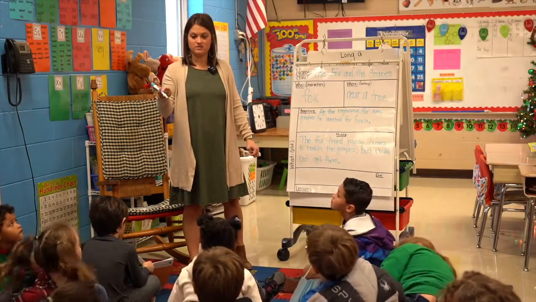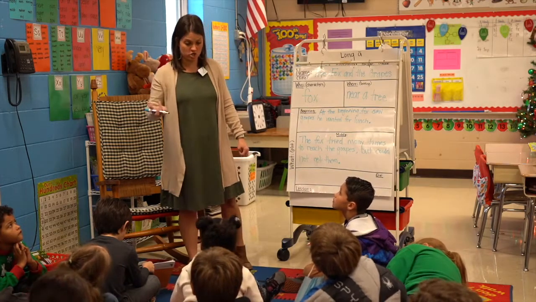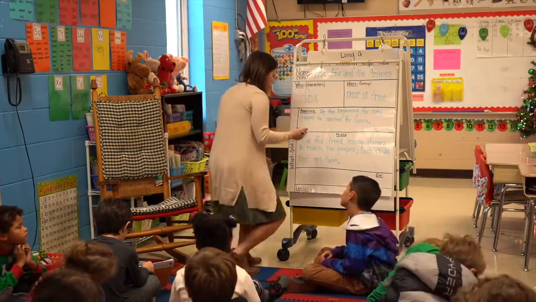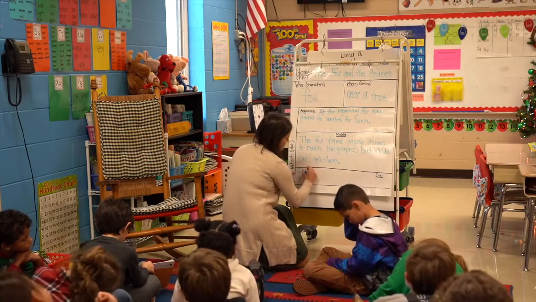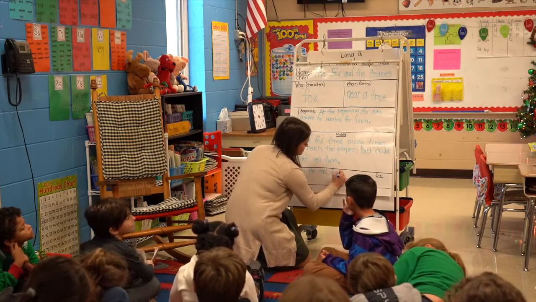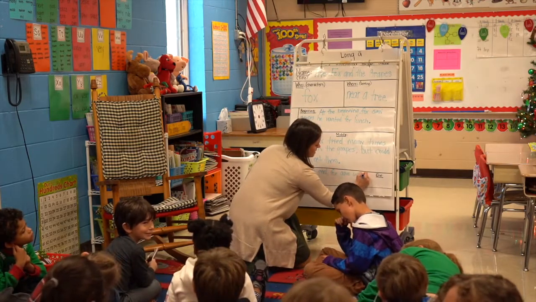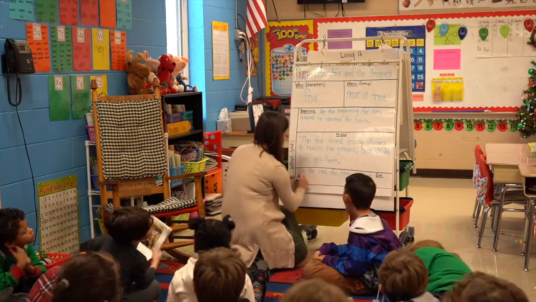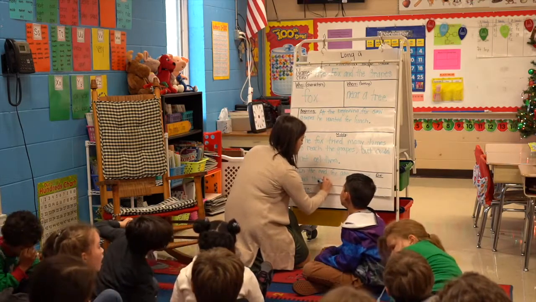He said the grapes were sour. So yeah, we could write that. That would be a good sentence. So in the end, the fox gave up and said the grapes were sour.